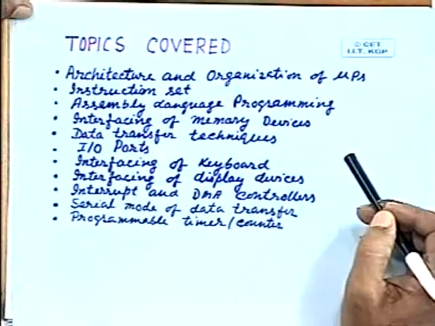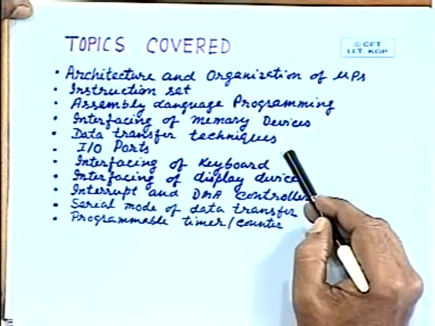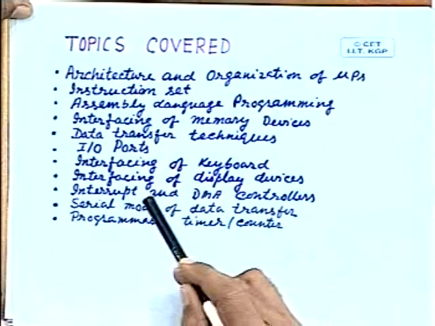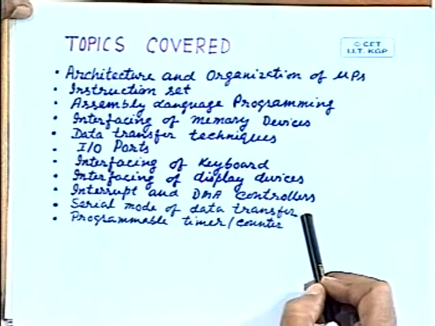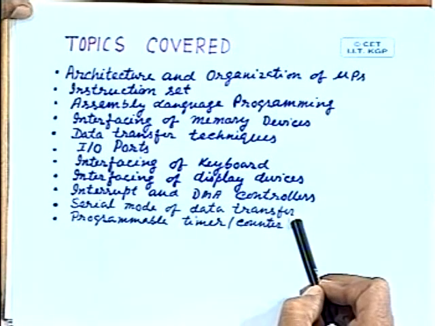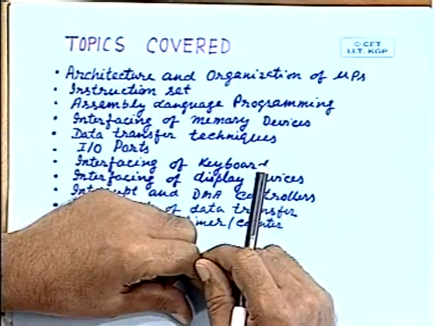We have covered a lot of ground, many topics such as architecture and organization of microprocessors, instruction set, assembly language programming, interfacing of memory devices, data transfer techniques, I/O ports, interfacing of keyboard, interfacing of display devices, interrupt and DMA controllers, serial mode of data transfer, programmable timer counters. All these topics we have covered. You are now equipped with necessary knowledge and information to build a complete system.